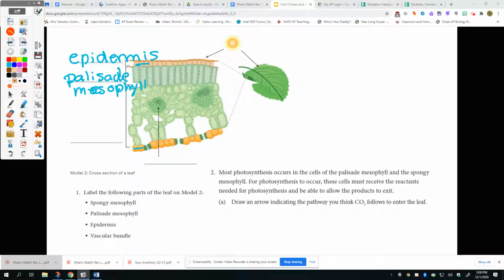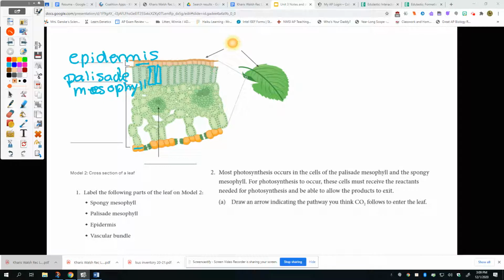Notice they are photosynthetic, they are green, the chloroplasts are lined around the outside because the central vacuole takes up most of the center space where the water is being stored. I remember palisade mesophyll because you can see that these cells are like columns all tightly packed in, just like a palace would have lots of columns. So that's how I remember that.